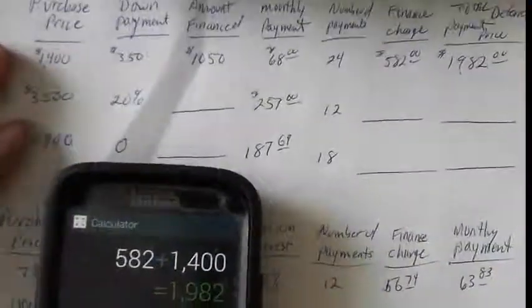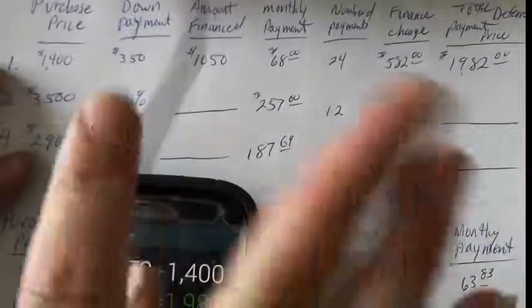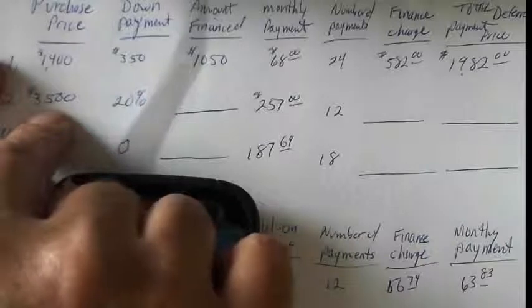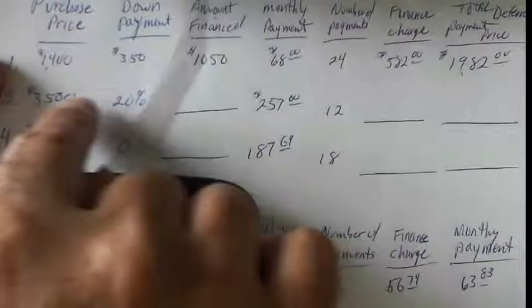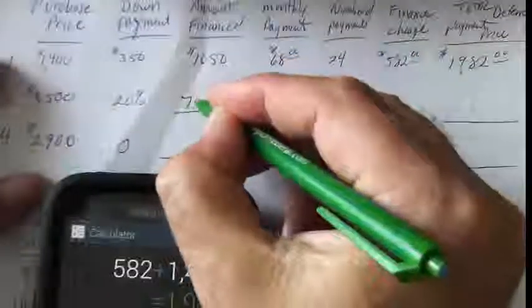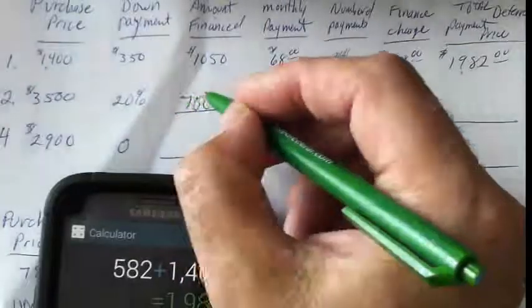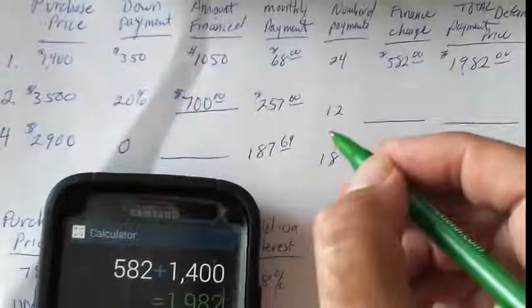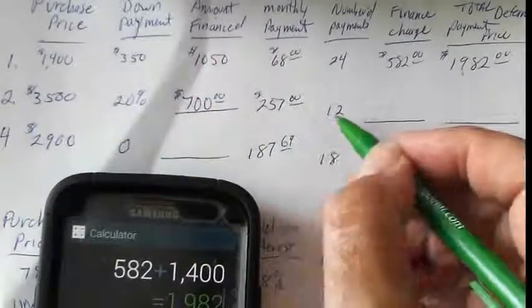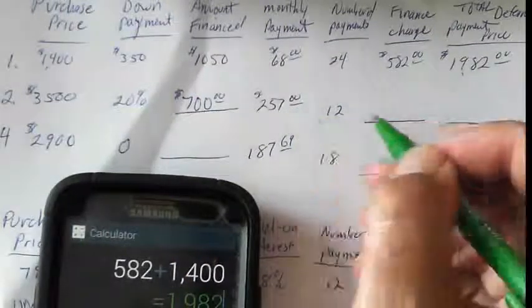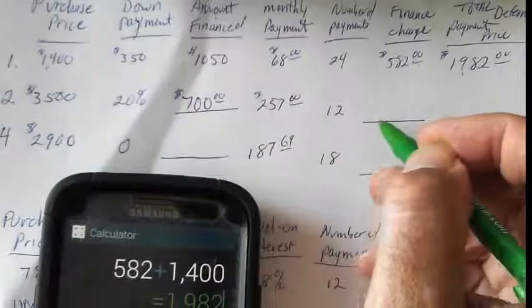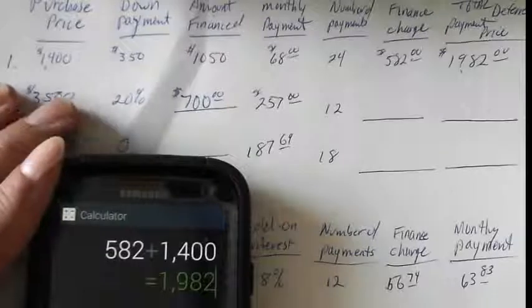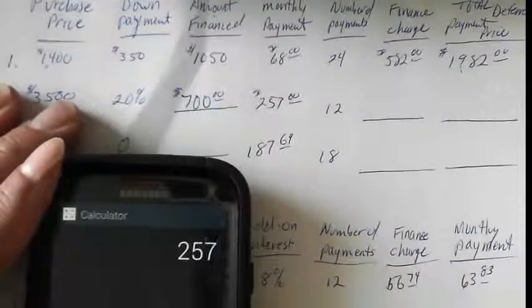So let's do a couple. So they had number two, purchase price $3,700, 20% down. Well, 20% of $3,700 is $740. 2 times 37 is 74. That's where we got that. Kind of can do some of that a little bit in your head. Okay, so number of payments times the monthly payment. So let's find out how much they had to pay out. So we would have 257 times 12.